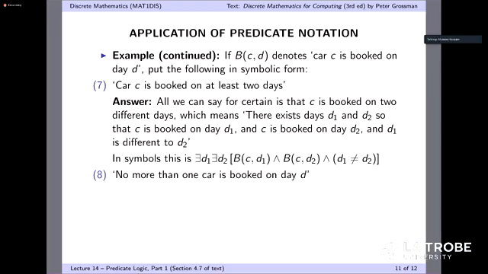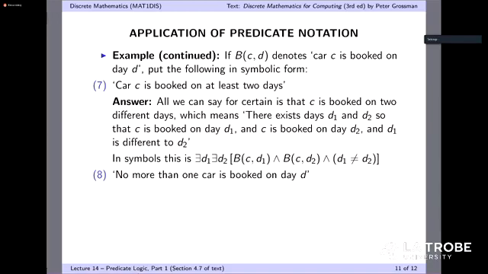then this statement has to be true for any car C1, for any car C2. If the cars C1 and C2 are booked on day D, then this implies C1 is the same as C2. This can only happen when C1 and C2 are the same car. Even if there are two cars C1 and C2 booked on day D, we are forcing those two cars to be the same.